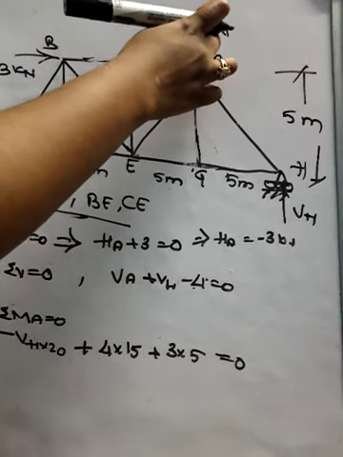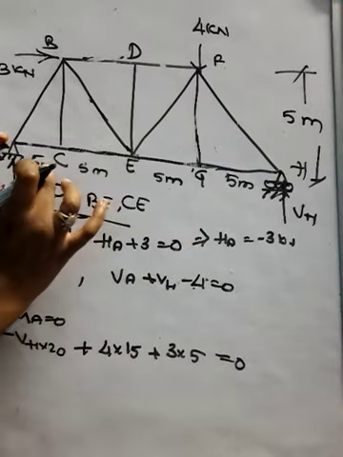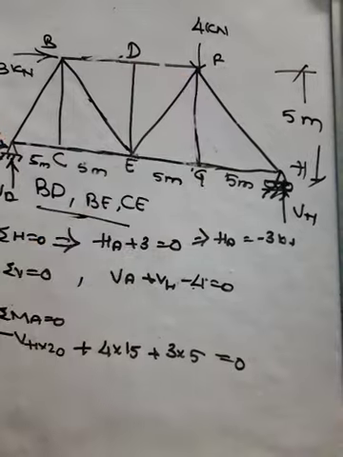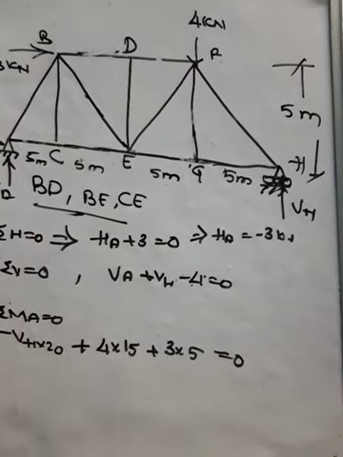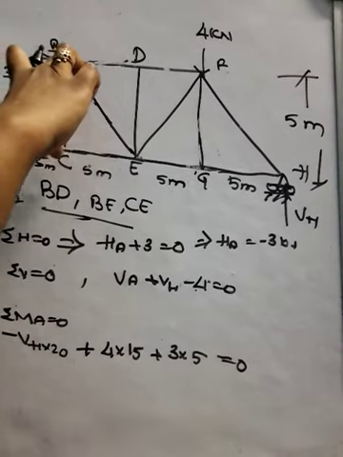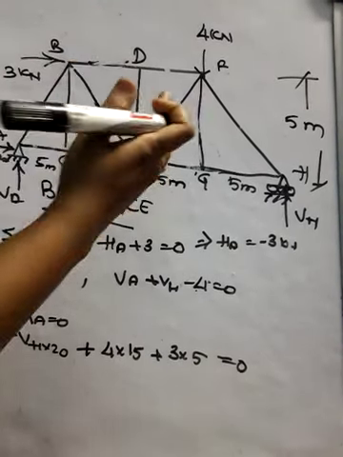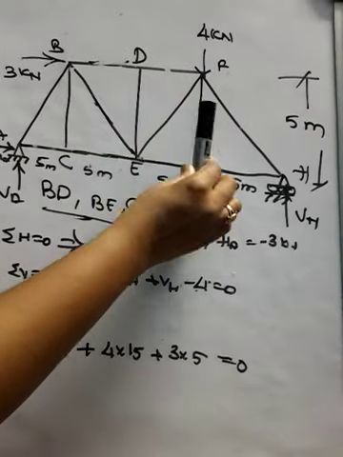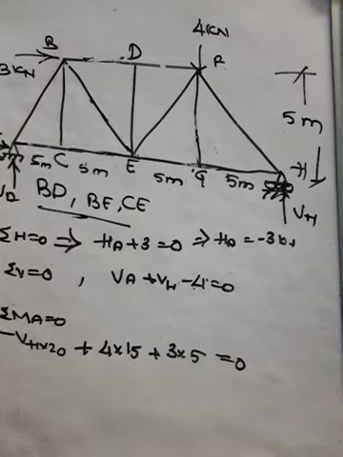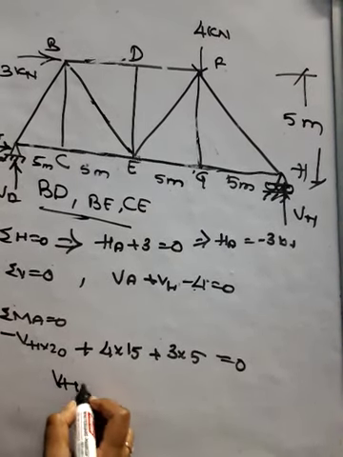For the 4 kilonewton force, the perpendicular distance is 15, that is 5 plus 5 plus 15. You consider only the perpendicular distance. When the force is in this direction, the perpendicular distance would be horizontal in nature.